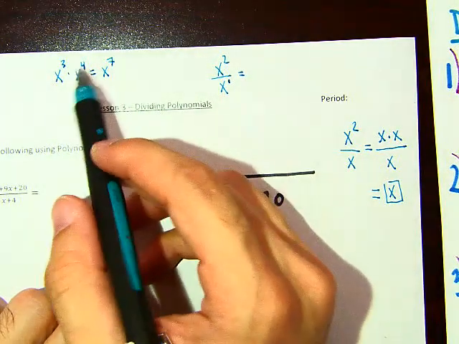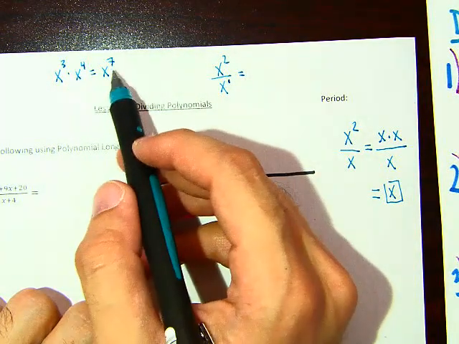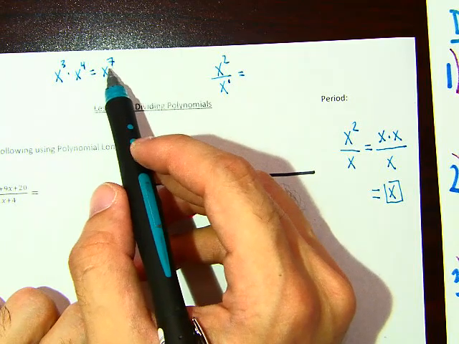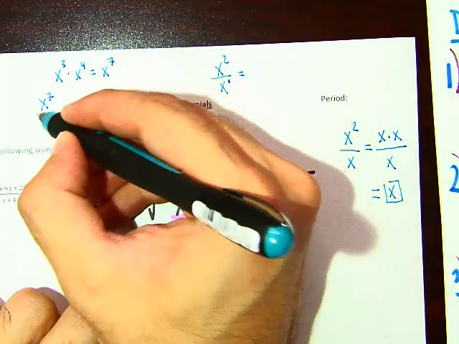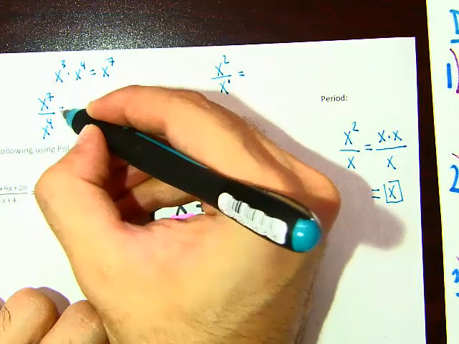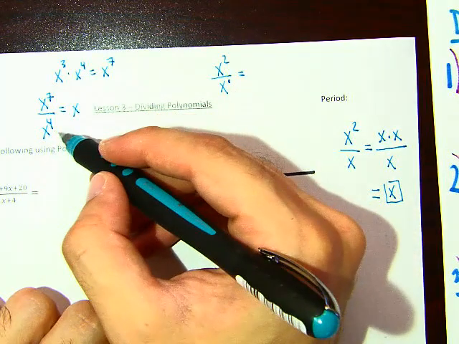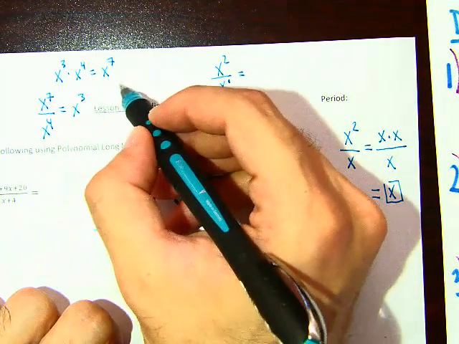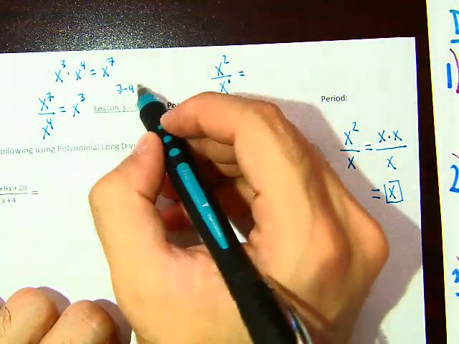What am I doing with the exponents? I'm adding them. So what do you do with the exponents when you divide them? What's x to the 7 divided by x to the 4? This is x to the 3. What am I doing with the exponents? I'm doing 7 minus 4. I'm subtracting them, which is 3.